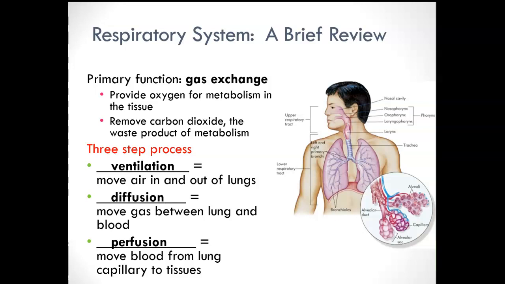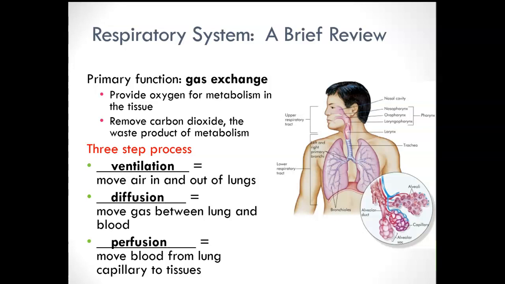Okay, so the primary function is gas exchange. You know that. We've already studied that. We provide oxygen for metabolism in the tissues and remove carbon dioxide, which is a waste product. So that's a three-step process. We have to get air in and out of the lungs, right? That's ventilation. That's breathing in and breathing out.